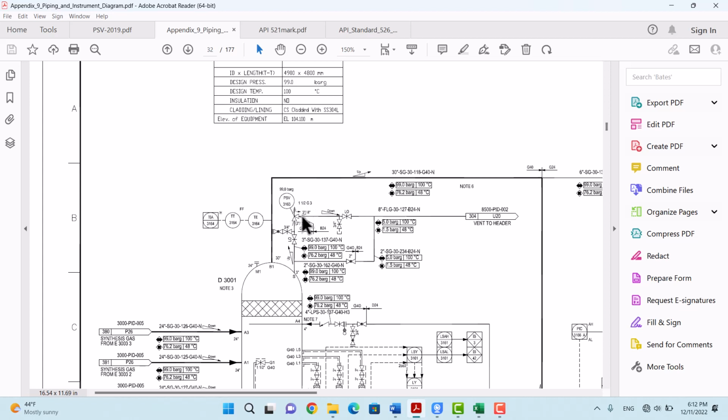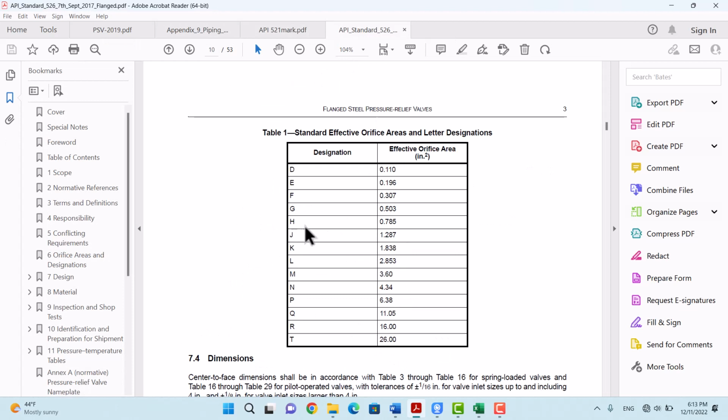It means that the inlet of the PSV is 1.5 inches. The effective orifice designation area is G, and of course the outlet sizing is 3 inches. So the G is the effective orifice area for that PSV, 0.5.